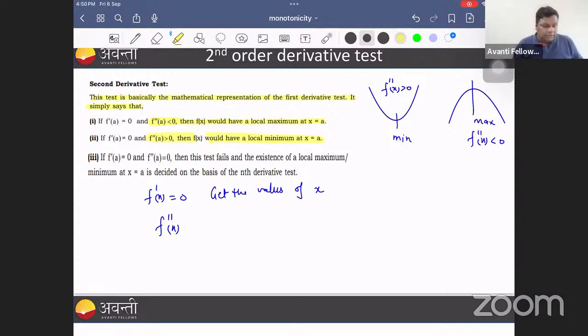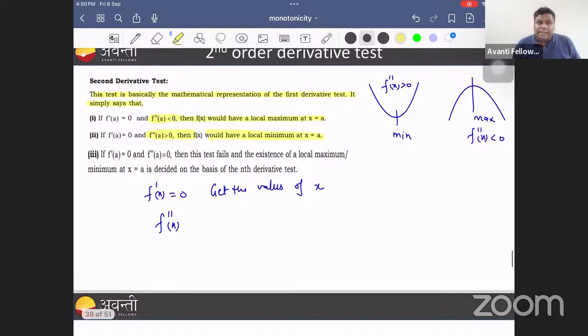So this is what we call the second derivative test. Sometimes, say at x equals a, where the first derivative was 0, the second derivative is also 0. If the second derivative is also 0, that means the second derivative test has failed. Then the existence of maxima or minima will be decided by the first derivative test.